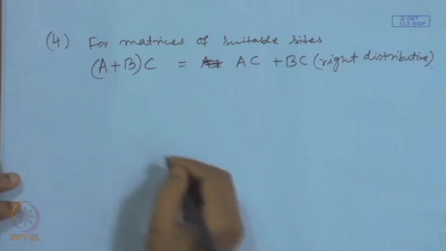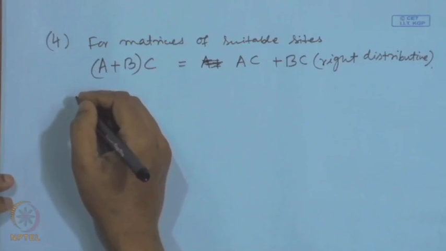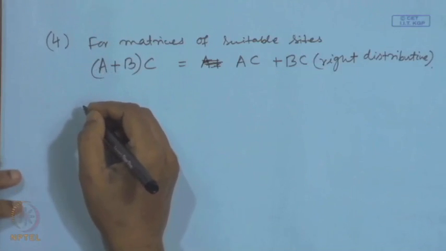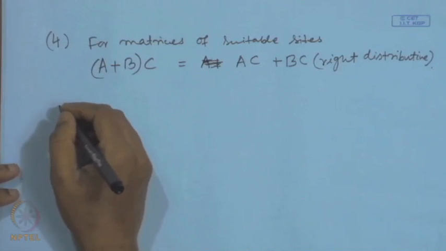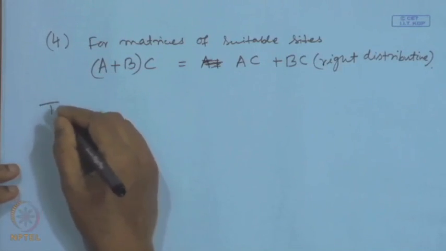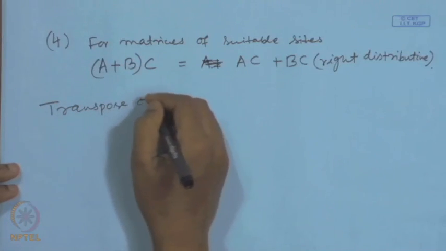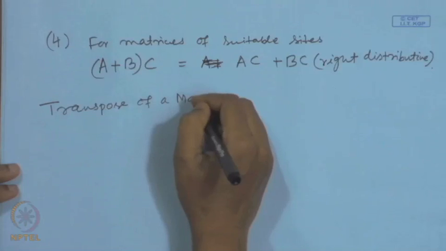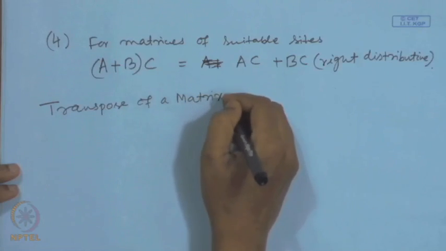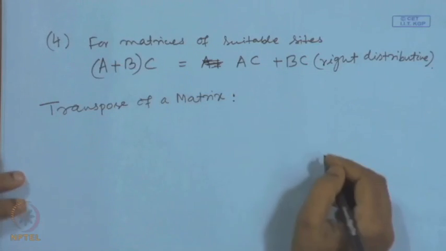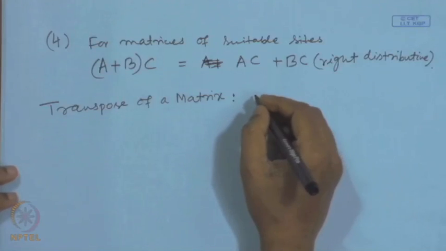Then we are having some special matrices. Before that, we see this transpose of a matrix. This is very useful throughout this linear algebra.